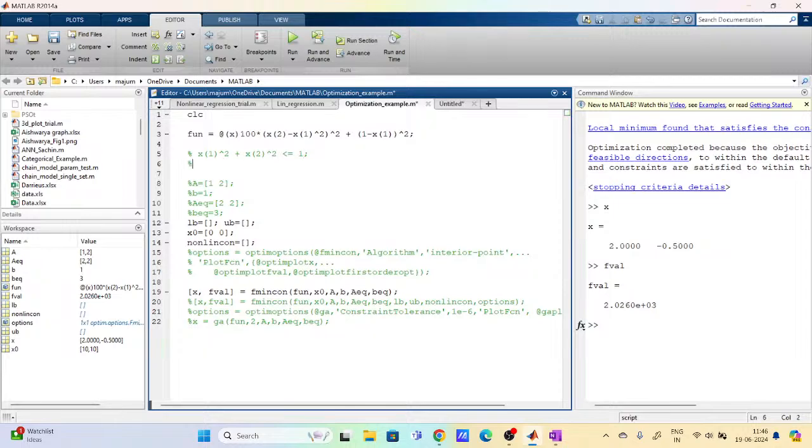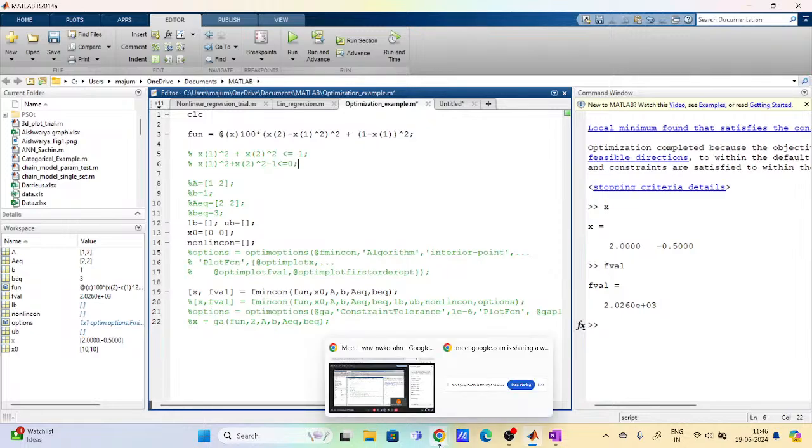It becomes like this: x1 square plus x2 square minus 1, less than or equal to 0. Do you understand this statement? Everybody understood this statement, yes or no? Yes, sir.